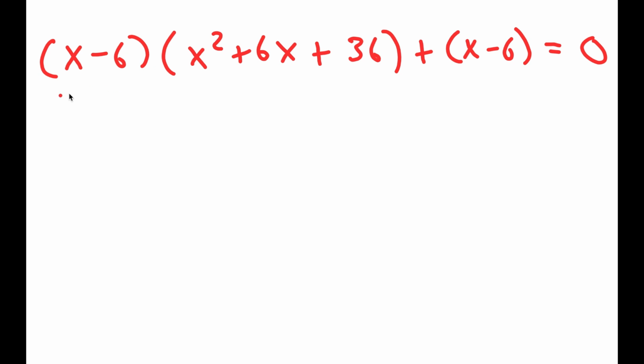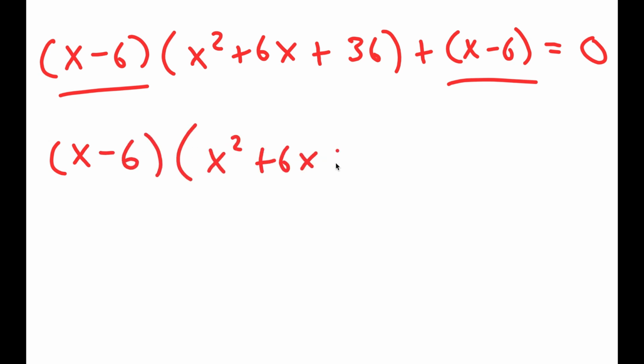Now, from here, because both of my terms here have x minus 6 in them, I'm going to factor out x minus 6. So I get x minus 6 times x squared plus 6x plus 36 plus 1, because x minus 6 divided by x minus 6 is 1, is equal to 0.